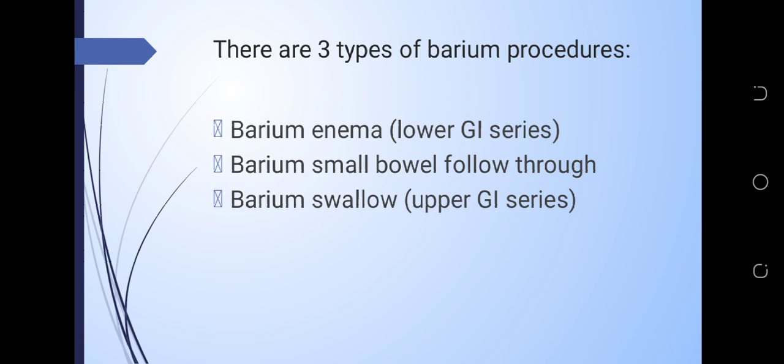Then we have the barium small bowel follow through, which is used to examine the small intestines. And then we have the barium swallow, which is used to examine the upper gastrointestinal series, which comprises of the esophagus, the stomach, and the duodenum.